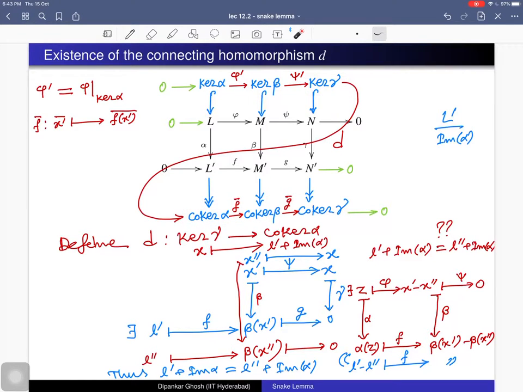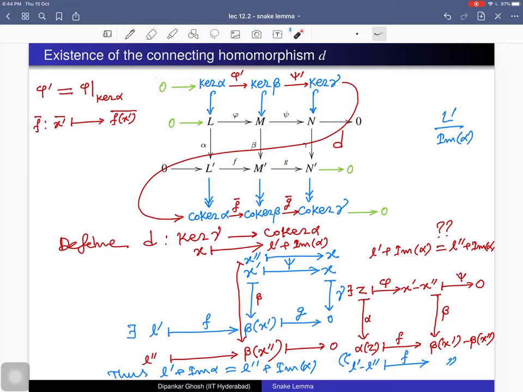And next one should verify that, thus we have a sequence like this, and it is exact at this point and at this point. I will leave this as an exercise, but I should point out one fact: in the hypothesis we have not said anything about this part. So we do not know whether it is injective or not, but if we put that as a hypothesis here, then in the output we have this part.